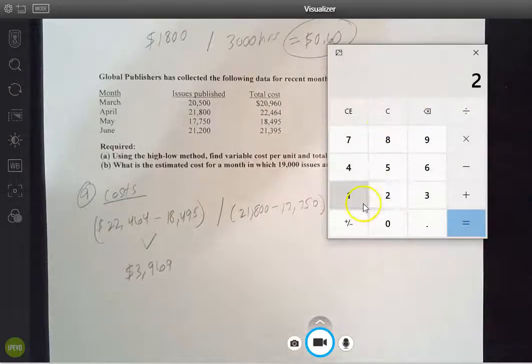And then our issues published high was 21,800 minus 17,750. And that gives us 4,050.